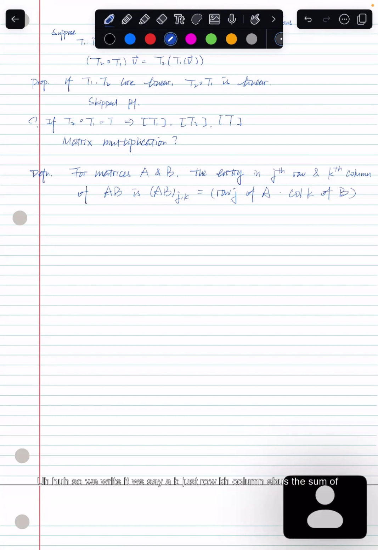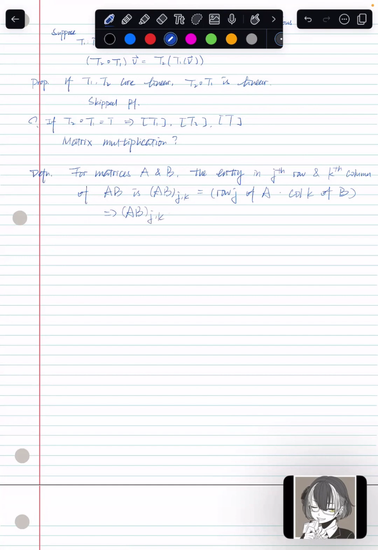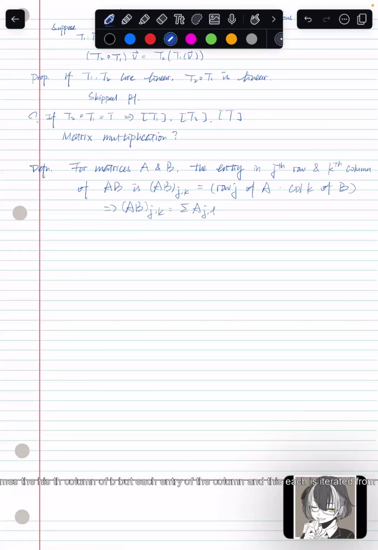So we write it, we say AB jth row, kth column equals the sum of the jth row of A, each entry in the jth row, times the kth column of B, each entry of the column, and this each is iterated from 1 to n.